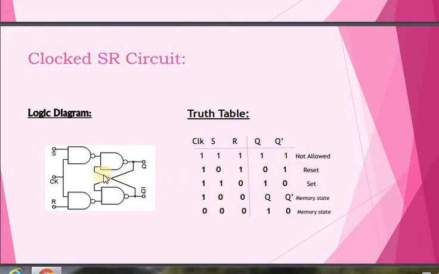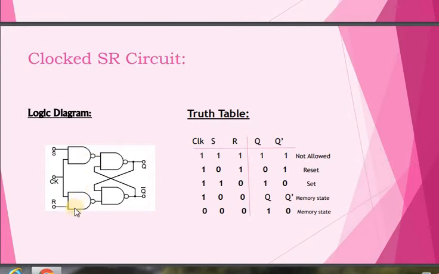Now the clock input is high, that is 1, and S equal to 1 and R equal to 0. If any one input is 0, the output will be 1; if both the inputs are 1, because the clock is 1 and S is 1, then the output will be 0.